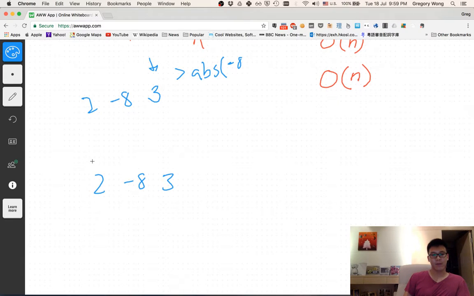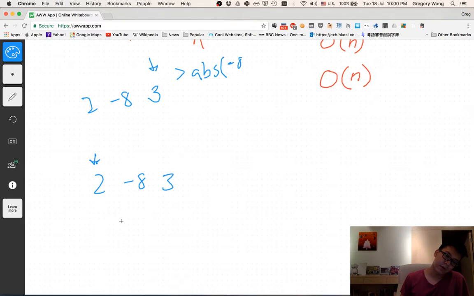I would have to look at the first number, and if the next number is negative, then I also want to look at the third one to see if it's... So basically, I want to see.